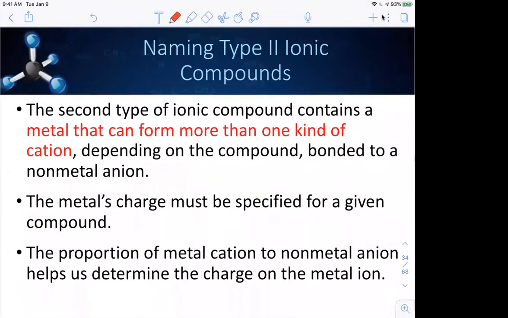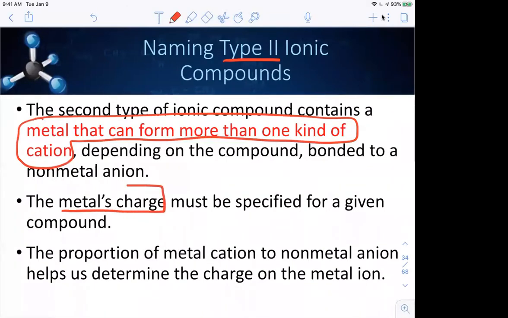Now the second type, type 2 ionic compounds, where I have a metal that can form more than one kind of cation. This depends on the compound. In this case, because I have more than one cation that can be formed, I have to specify the metal charge for a given compound.